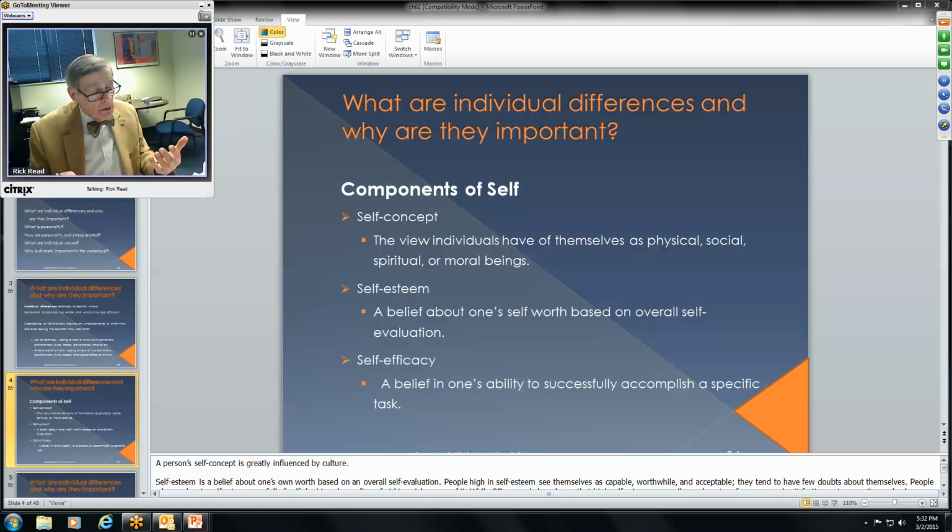And in fact, you can take that as my interpretation here. It doesn't mean it's exactly correct, but I think that it tends to be. Because we're always looking for some reason that we were not able to do what we wanted to do. Somebody else caused that. I didn't have the right resources. Whatever it is. And that usually comes from not having good esteem about him or herself.